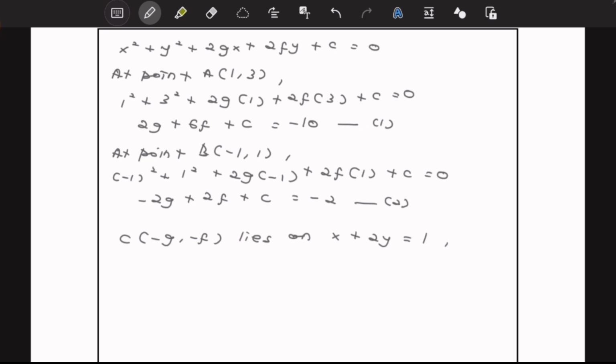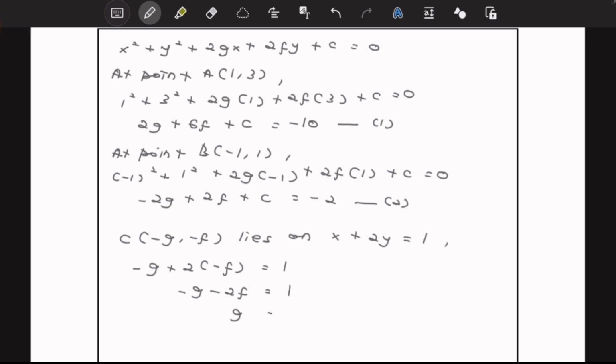We substitute the value, so we'll get -g plus 2 times -f equals to 1. So we have -g minus 2f equals to 1.